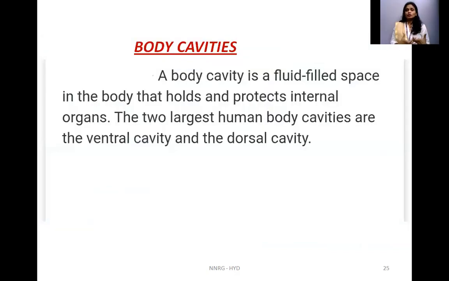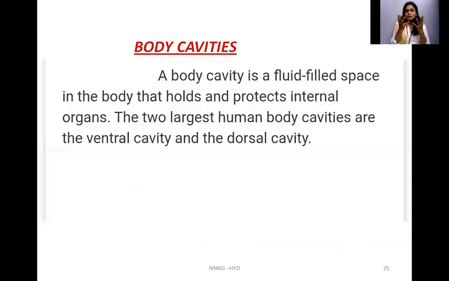Now, after studying all those things, the final thing we are going to study is the different body cavities. A body cavity is a fluid-filled space that encloses the different organs, so it protects the internal organs by enclosing them within the cavity.